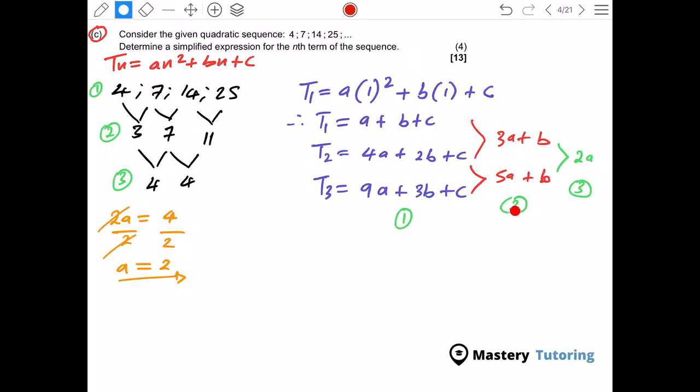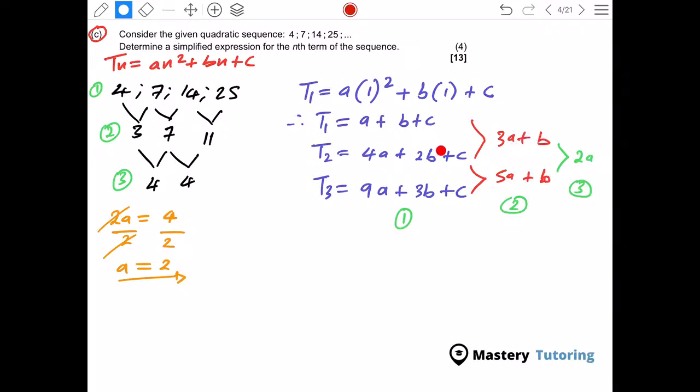And now we're going to take step number 2. Because we got this one by getting the difference between term number 1 and 2, we're going to equate it to this term here, number 3. The reason I'm choosing this one is that we got this 3 by getting the difference between term number 2 and term number 1.